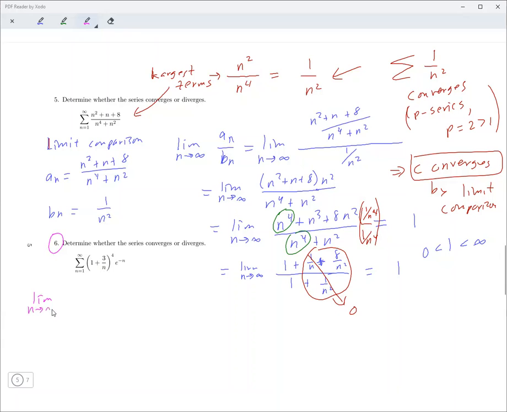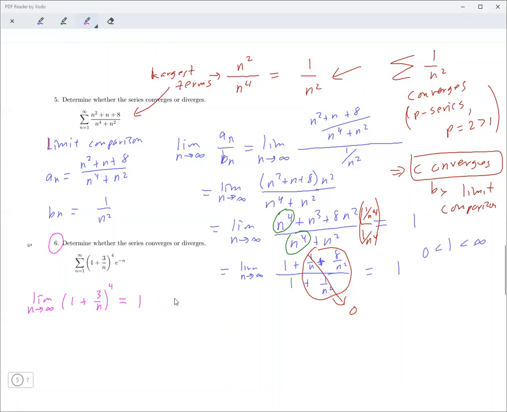What happens here, you might notice, if you take 1 plus 3 over n to the 4th power, is that as n gets larger and larger, this goes to infinity and then that just goes to 0, and you'll end up with 1 to the 4th, which is 1. Okay, so that's good to know.